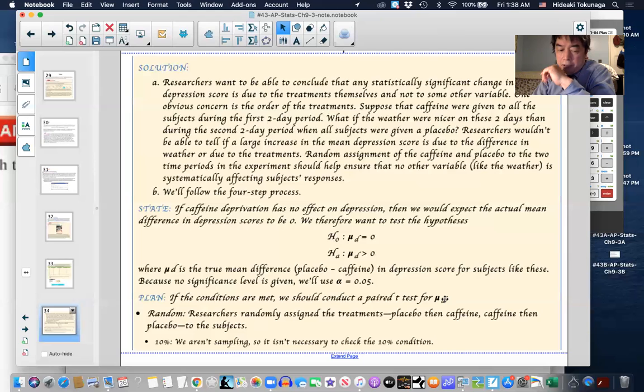Now, one slight difference: since this is research based, they say it's random. We are not sampling 10%, so it isn't necessary to check the 10% condition. But you better write it down.